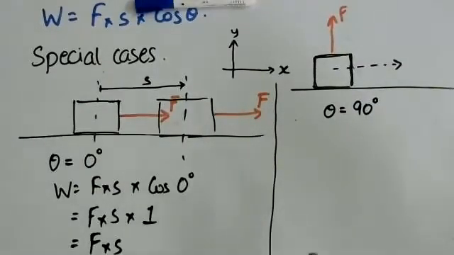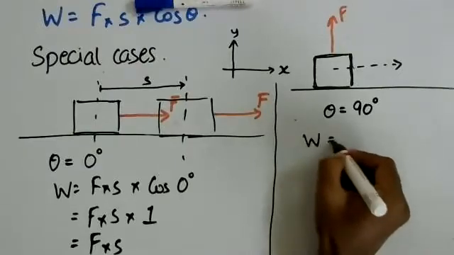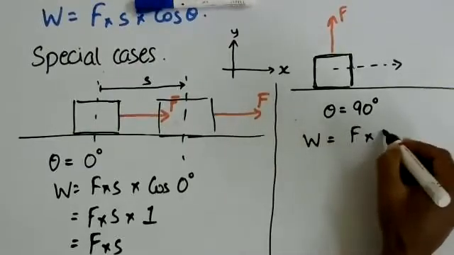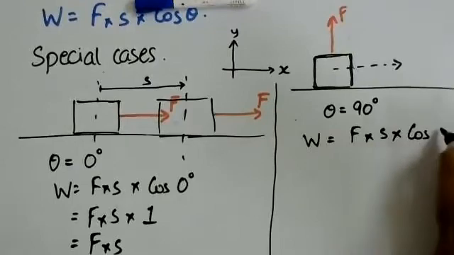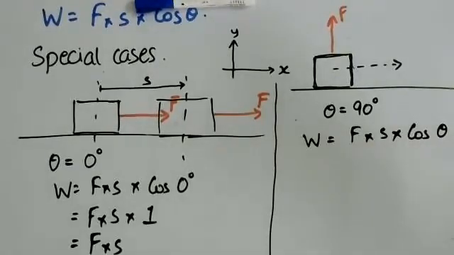Now to calculate work done, again apply the equation F times S times cos theta. Of course, the way I am writing it out is the way you are expected to answer questions in the board exam.